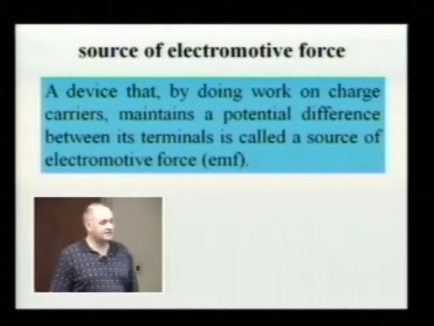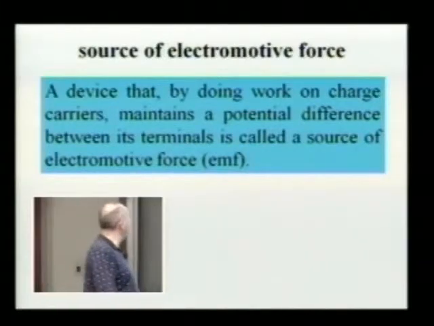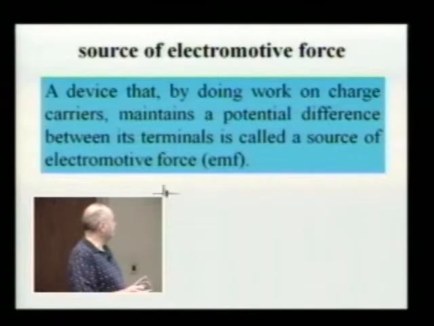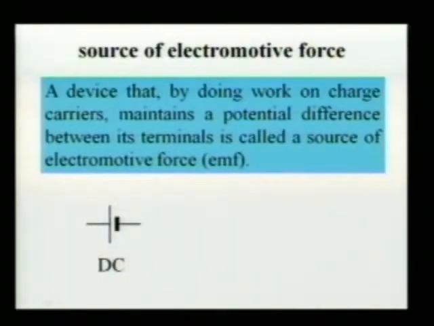If we get something like this, we have a source of electromotive force. This is the symbol for a direct current source, and actually these sides refer to which side has higher potential and which side has lower potential.